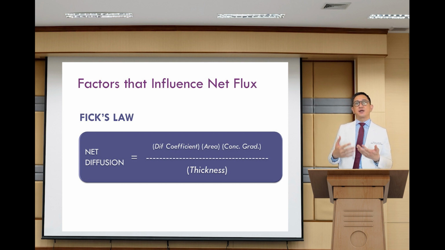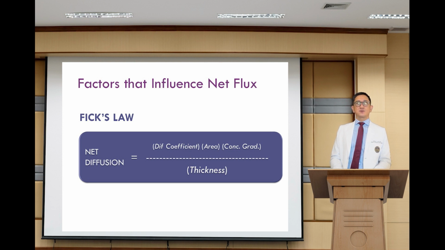And how you interpret this one is, on the numerator, if you increase the diffusion coefficient, the area, the concentration gradient, your diffusion will be faster. Okay? But if you increase the thickness, diffusion will be slower. So that's how you interpret or analyze Fick's law and how it affects your diffusion.